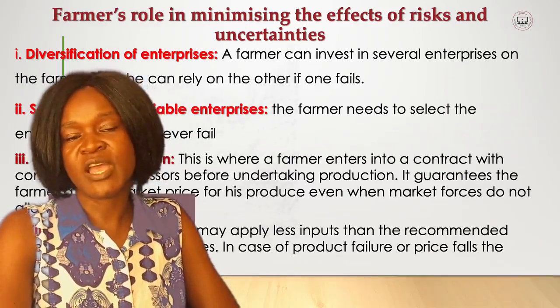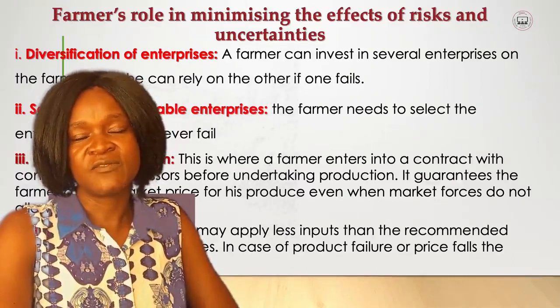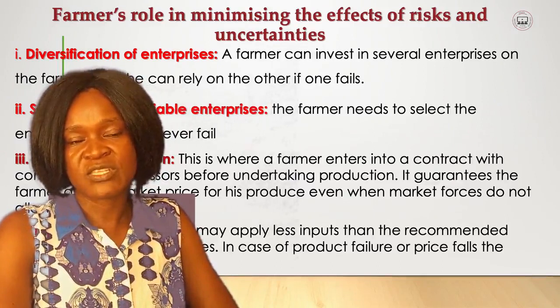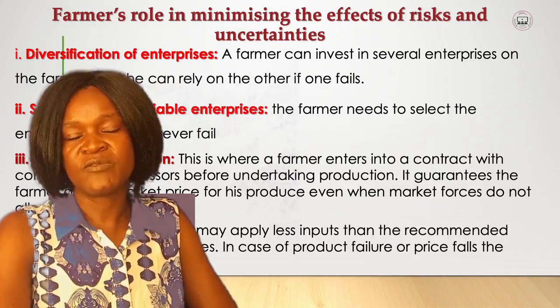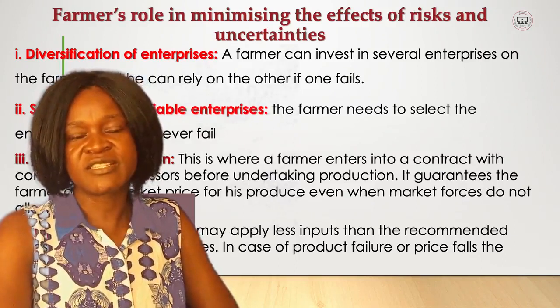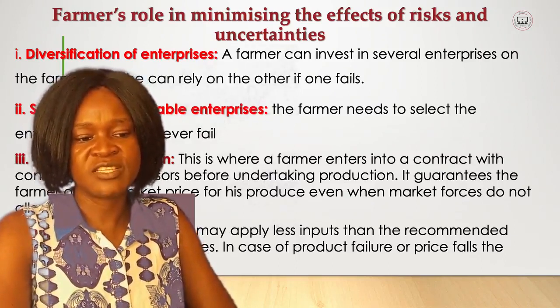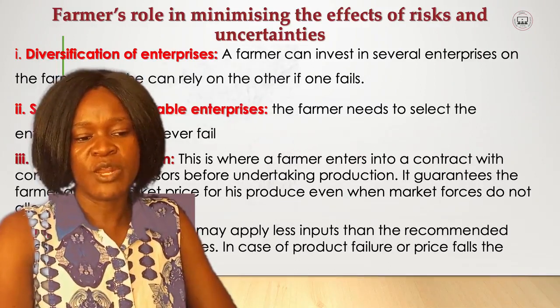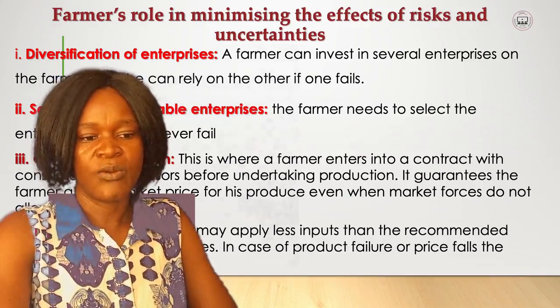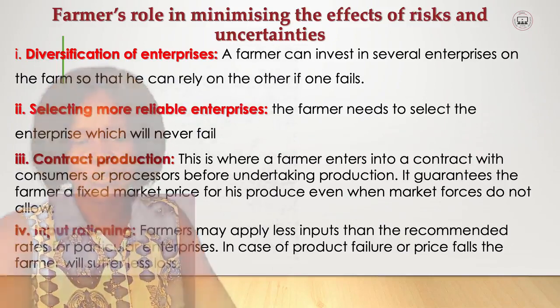It means there will be high cost of production. If that enterprise fails where you have invested so much, the risk will just be too much. So to prevent too much risk, there is need of input rationing, whereby you just lessen the amount of inputs to be used.